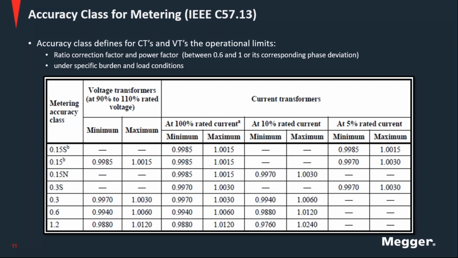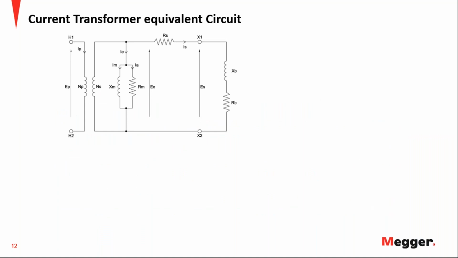So to go a little bit more in detail about these accuracy classes and these limits, let's talk about the current transformer equivalent circuit and see where these limits come from. So here we have the equivalent circuit.